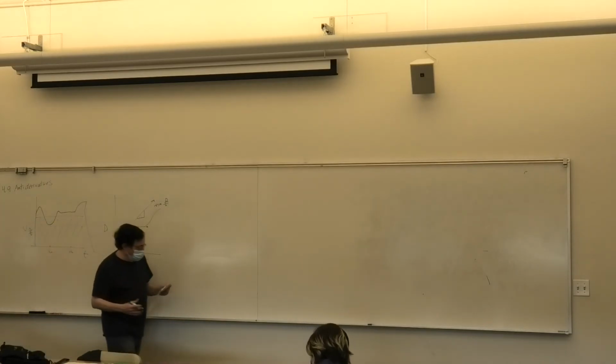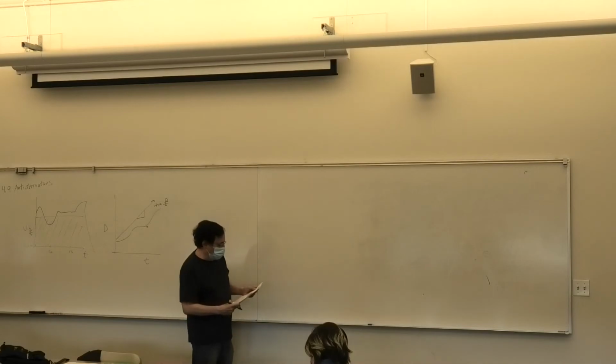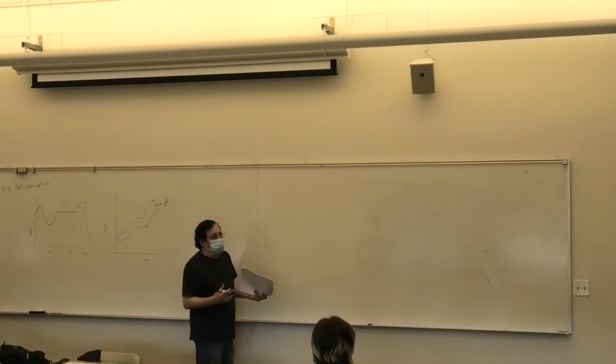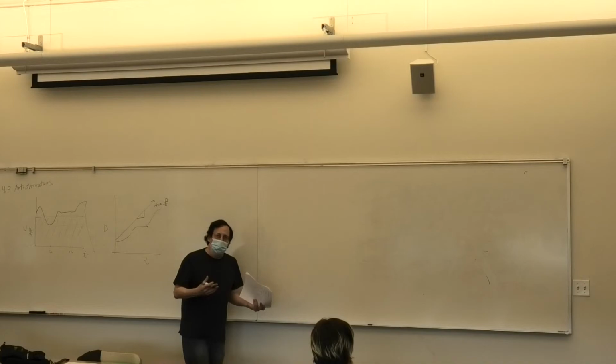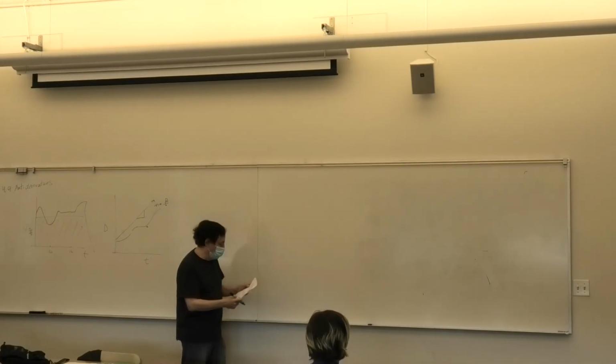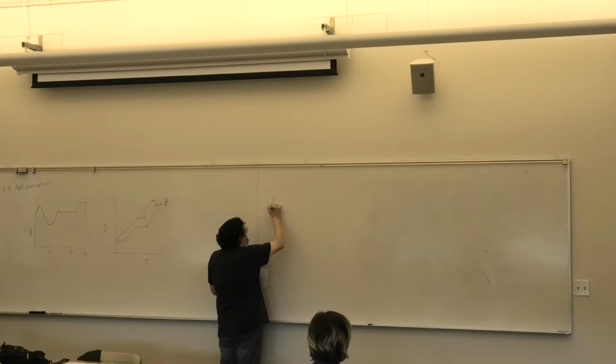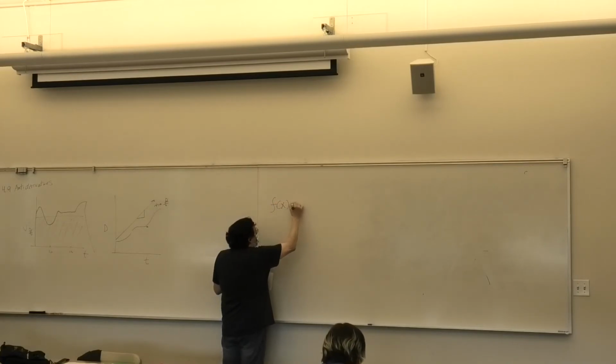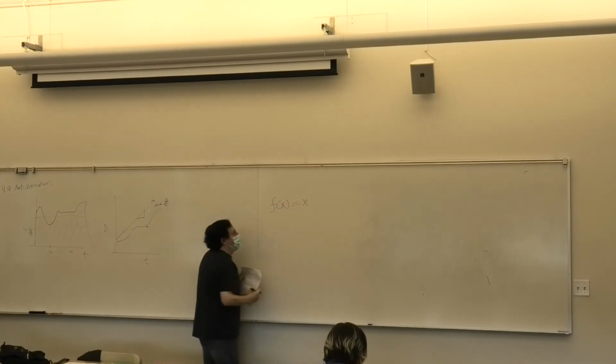So let's just look at this mechanically for a minute. Let's say we wanted to do the opposite of what we've been doing when we've been doing differentiation. We want to go backwards. We want to find a function whose derivative is something. So let's start with a simple example, f of x equals x.